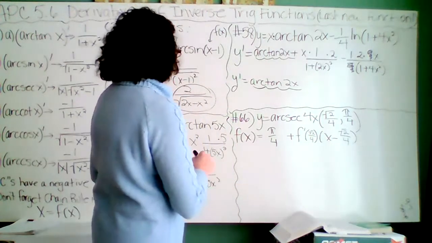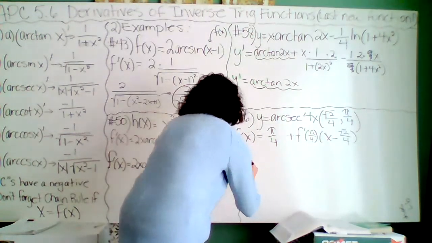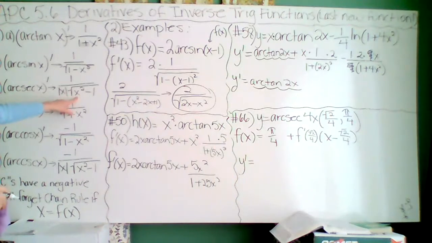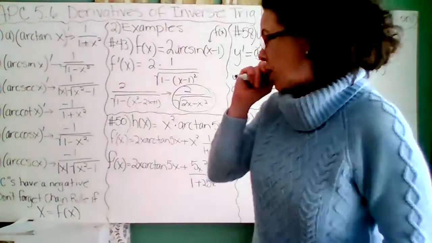So let's go ahead. The derivative of arcsecant is right here, where if I have an x, it would go here and here into the derivative. Notice that I have a 4x, right? So a 4x will go here, in here, in here, and then I'll be sure to use the chain rule.